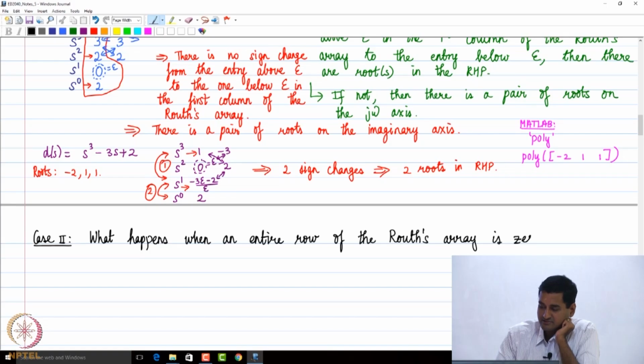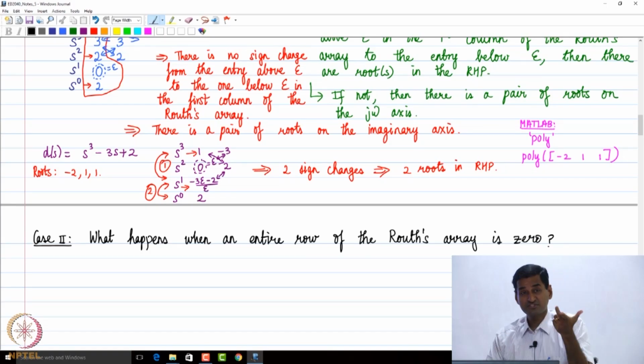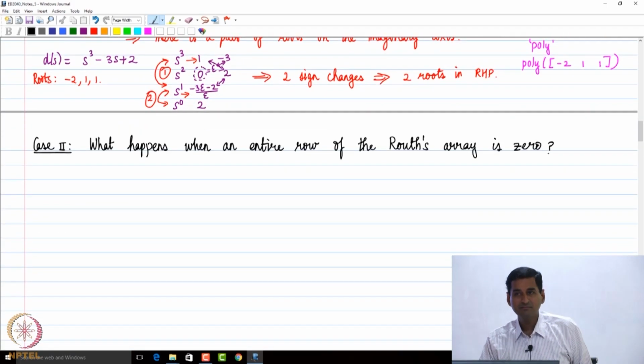We asked what happens when the first entry in any row is 0, but let us say the entire row is 0. Then what do we interpret from that? Let me do an example to convey that point.